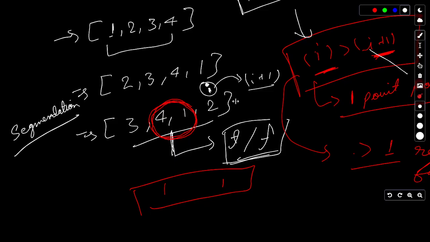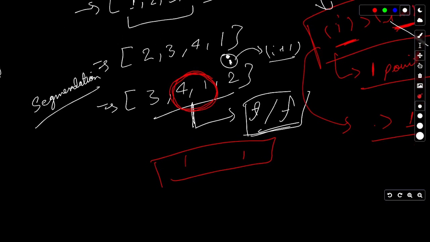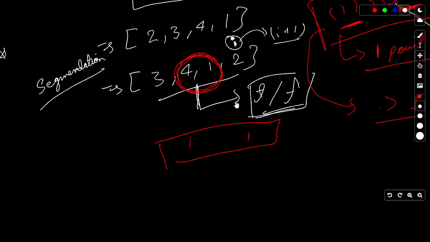To remove that and to actually check the last index and the first index, because we also need to check if there is a pivot point which exists between the first and the last element.